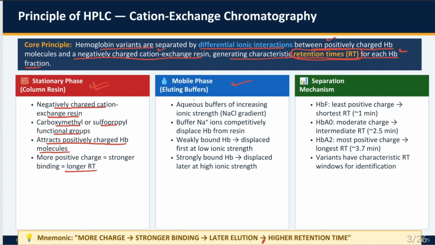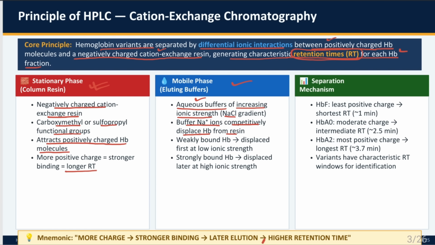The mobile phase is an aqueous buffer of increasing ionic strength. This aqueous buffer is generally a sodium chloride solution in increasing ionic strength. Buffer sodium ions competitively displace hemoglobin from the resin.